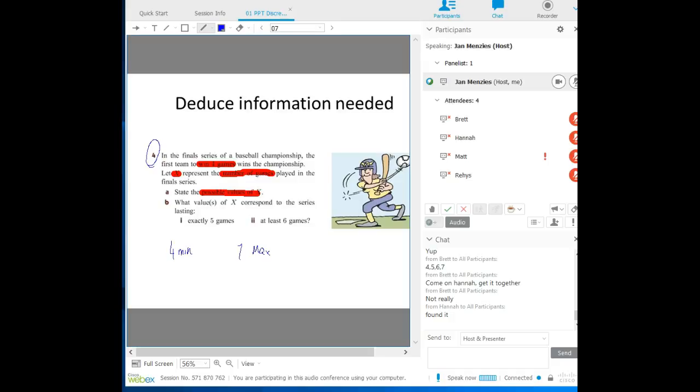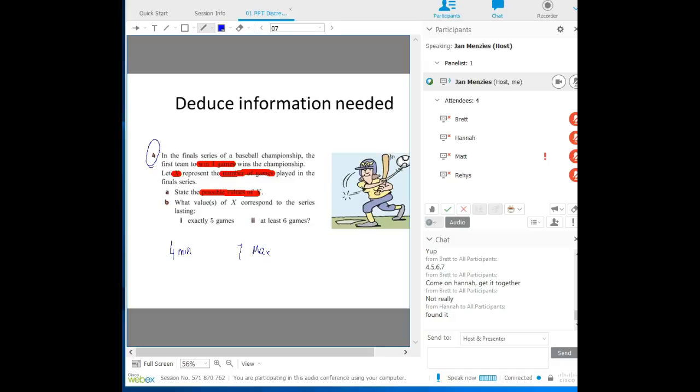Give me a tick if you follow that range of values that it must fall in. So here, if you don't think like that, you're sort of stuck. So this idea of a range of possible values, what is the least number it could be? What is the maximum number it could be? That is a really good starting point in your deductive reasoning.